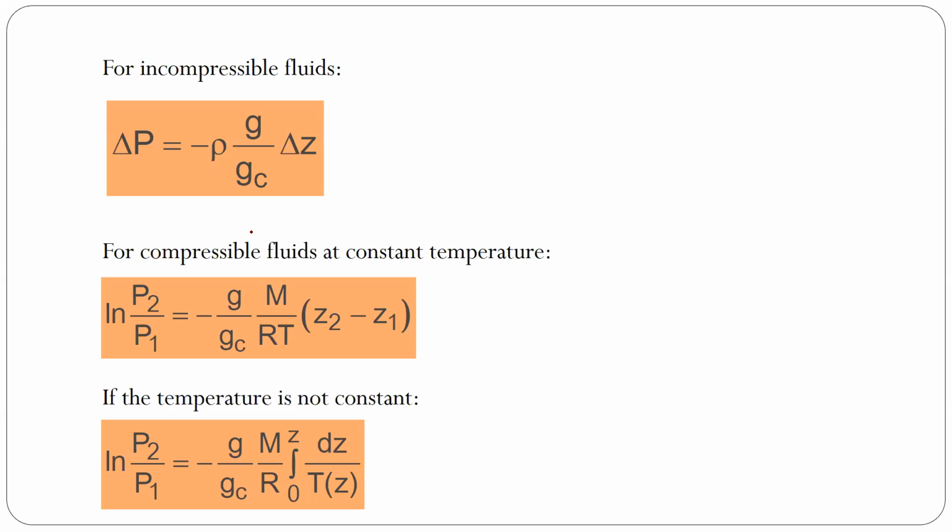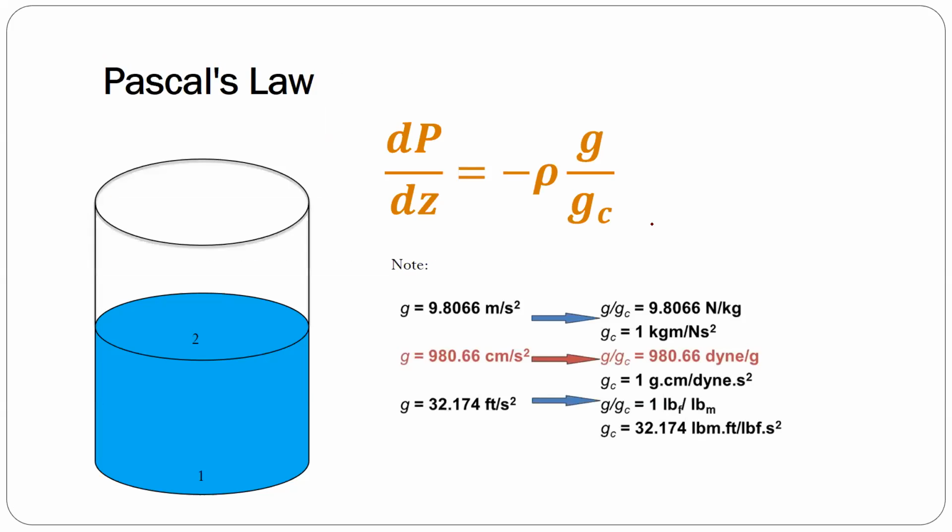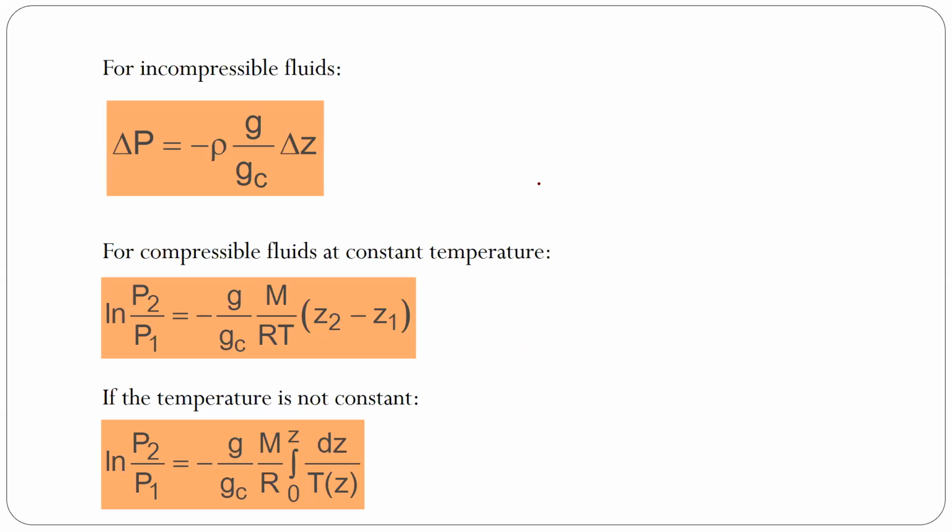And if you plug that into the previous equation here, and do the corresponding integration, you will end up with this second equation here: ln P2 over P1 equals negative g over gc M over RT times z2 minus z1. So again, this is used for compressible fluids at constant temperature, assuming that that fluid is ideal.